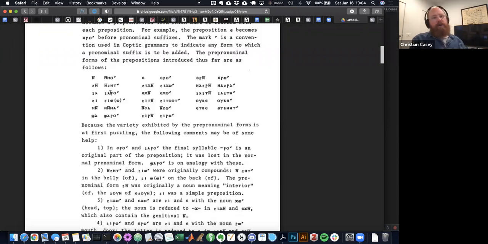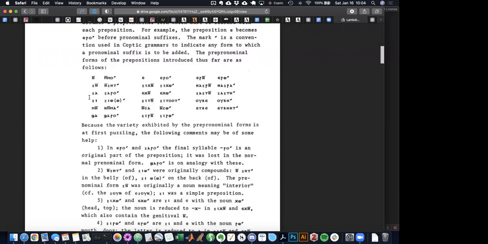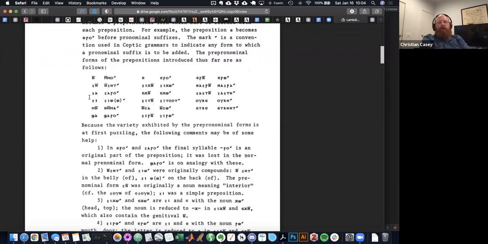So it could be like on the table or on it. That's what would determine which one to use. Does that mean that it's actually wrong if you use the one on the left-hand column for a pronoun? Well, how would you do that? How would you use the one on the left hand?